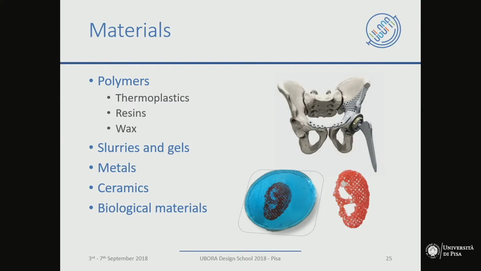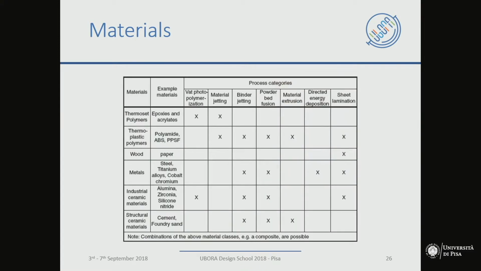You can print whatever you want, from polymers to gels to metals to ceramic to biological material. Each technology is specific for the material. You cannot print metal with all the technologies. You cannot print polymers with all the technologies.